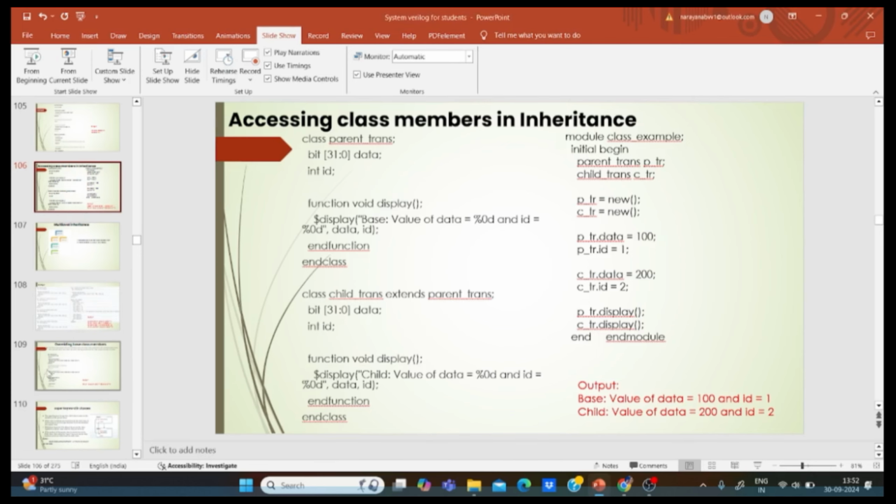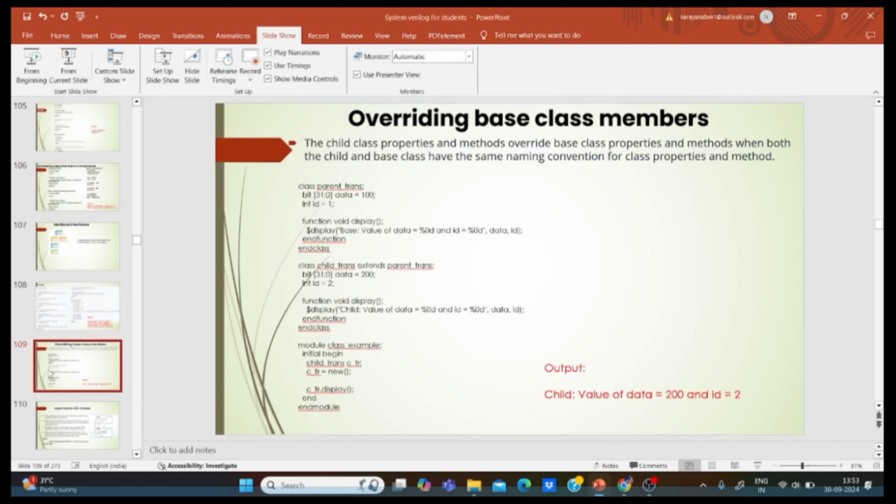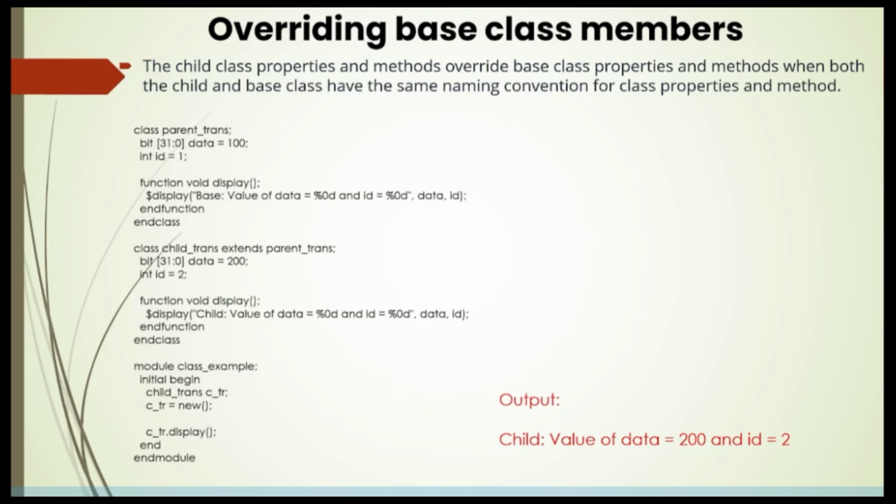That means whenever you want to override the properties and methods of the base class, you can do it in inheritance by overriding them with the child class handle. This is called overriding properties.